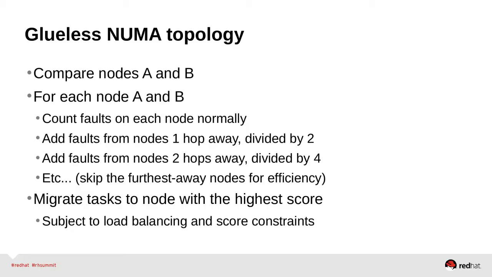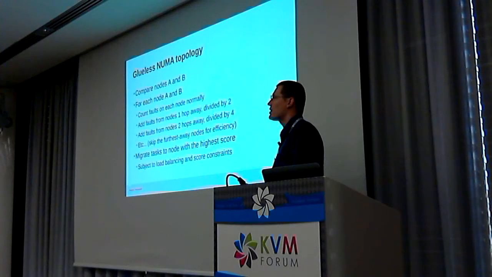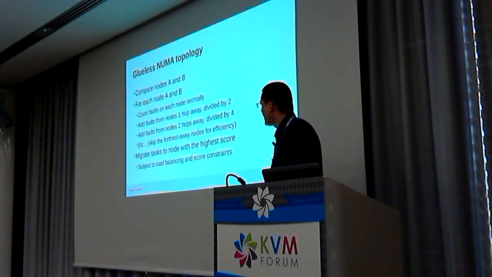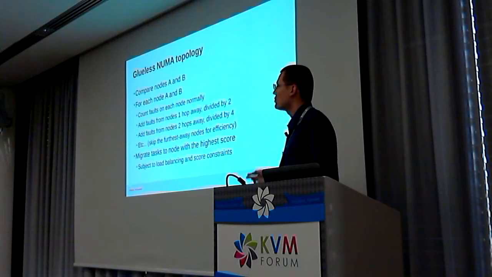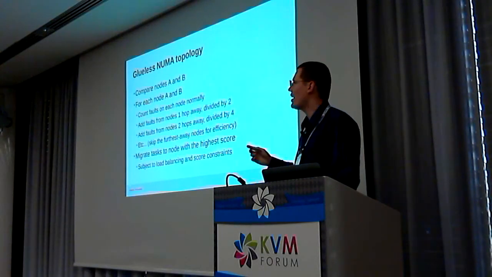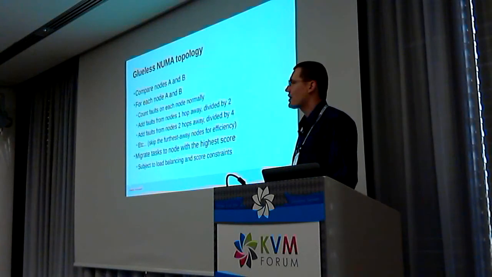Specifically, we simply add up the faults from nearby nodes divided by the number of hops, or divided by the NUMA distance from these nodes. A node that is close to a node with a very high number of NUMA faults will get some of those faults added to it.